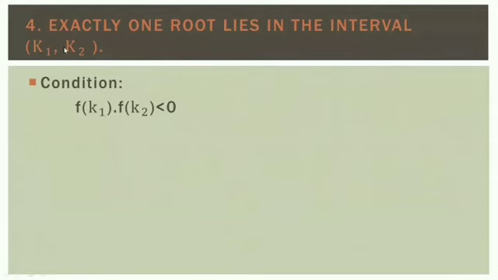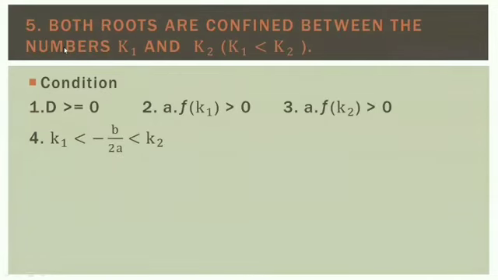The next case says that we have to find the condition when both the roots of the equation are confined between the numbers k1 and k2. So what does this statement mean?